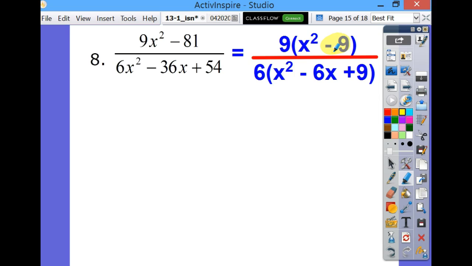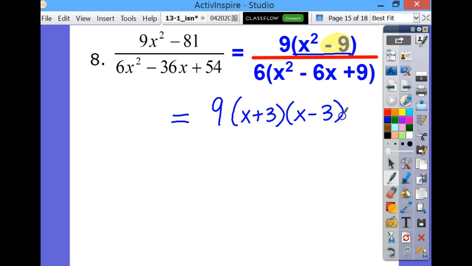It's going to factor with a plus and a minus. How do I know 9 is a perfect square number? What is the square root of 9? Is it a whole number? That's a perfect square number. This 9 is out in front. This factors into x plus 3, x minus 3.